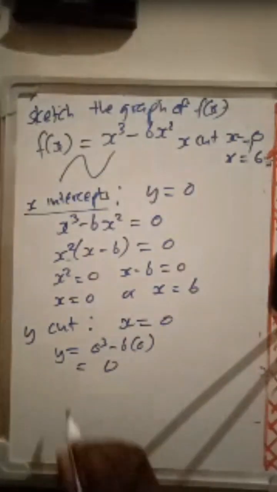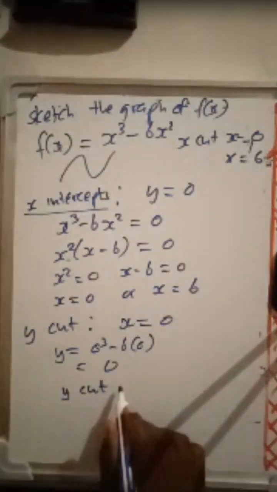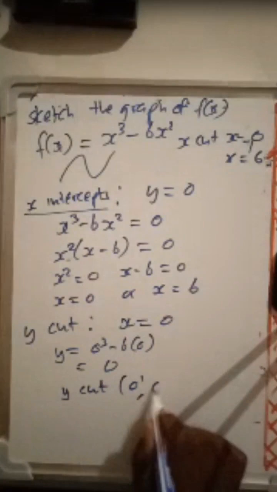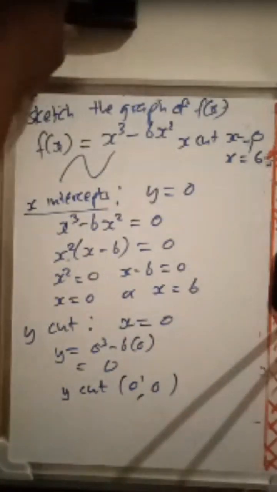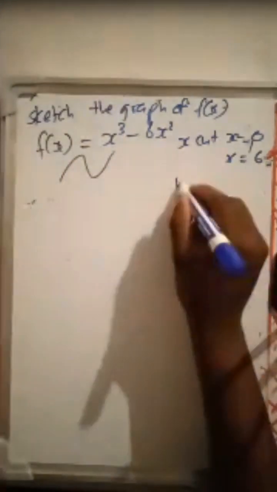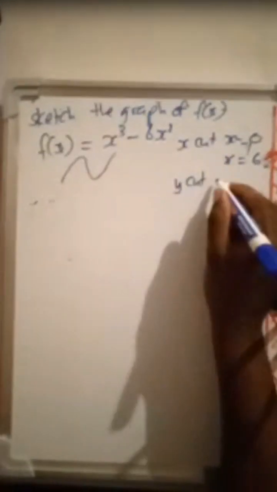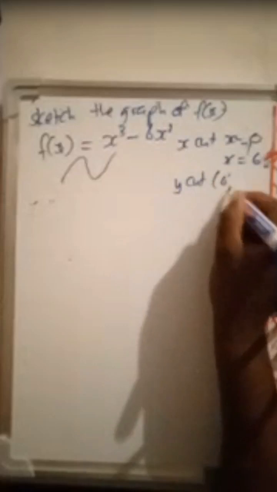So y cut is 0, 0. I'm going to write it there so that at least we have all our information. Okay? So for the y cut, we have 0, 0.